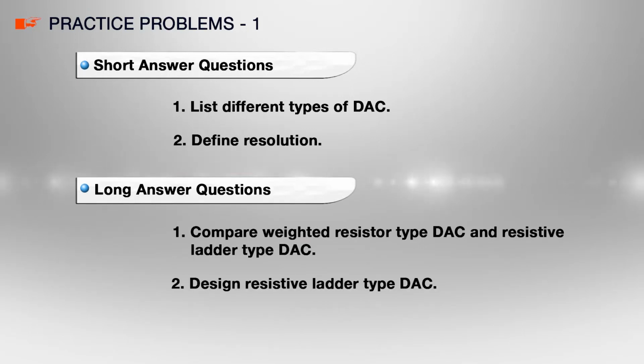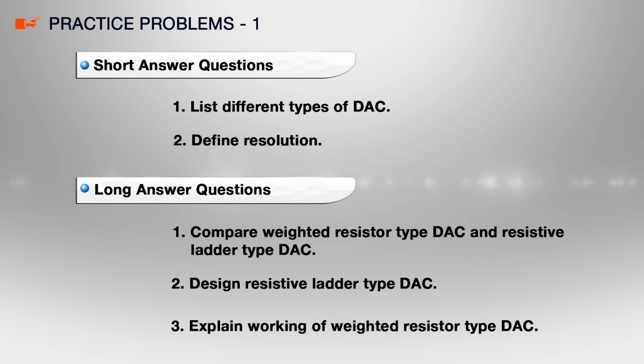The next question is design resistive ladder type DAC. In this question you can make the circuit diagram, derive all the equations, mention its advantage and its disadvantage, and that is it. And the last one, the third question of long answer type, is explain working of weighted resistor type DAC.